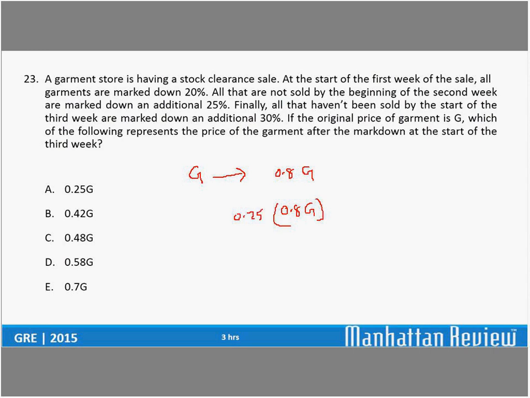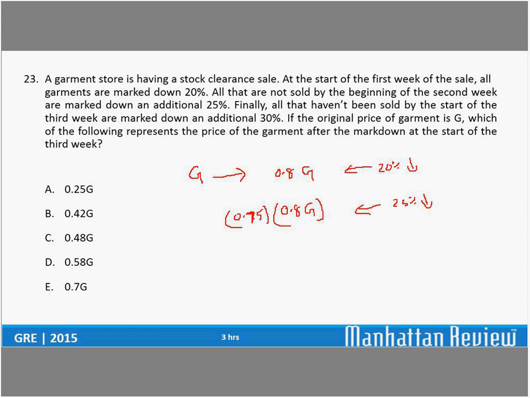So I think the resultant value, see, first case it is 20% down, second case it is 25% down. So I'm writing what you are left with. I'm left with 75%.